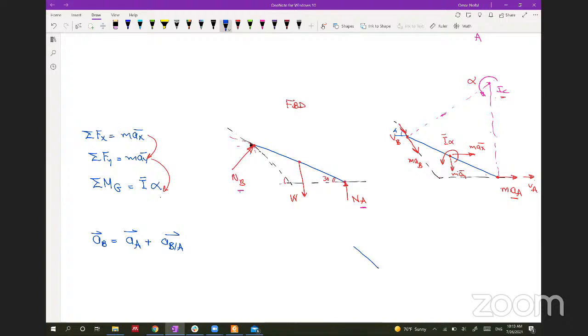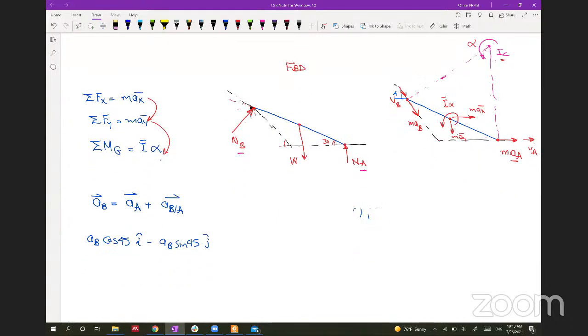So this is AB, and it should have a component in this direction and a component in this direction, and this angle is 45 degrees. So AB will equal AB, and the X component is cosine 45 in the I hat, and the Y component is negative AB sine 45 in the J hat because it's going down. So we know the direction, but we don't know the magnitude.